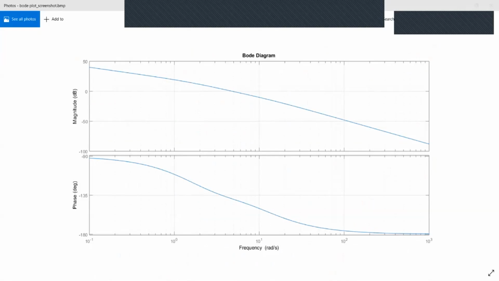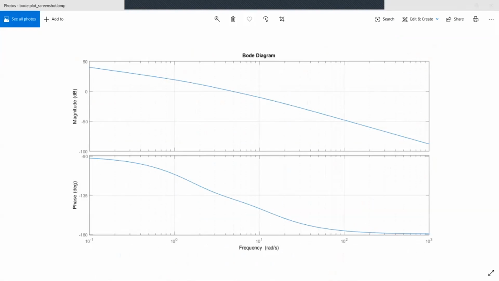Only thing is that with this Bode plot, the magnitude plot and phase plot, please understand this magnitude plot is not asymptotic in case of MATLAB. When we have semilog paper, we must draw the asymptotic plot. In MATLAB, we do not get the asymptotic plot, but still we get the shape of the magnitude plot.